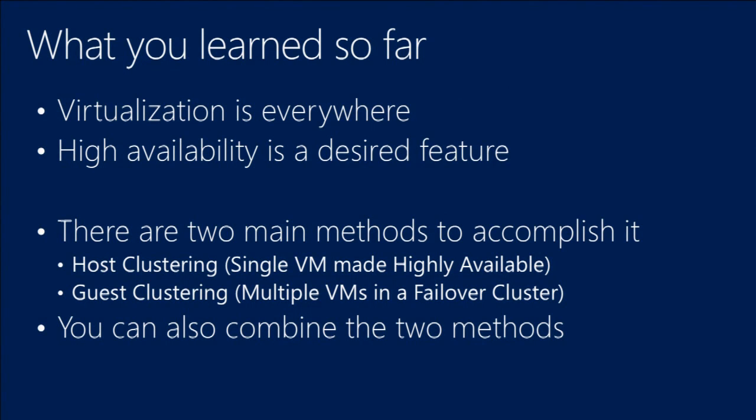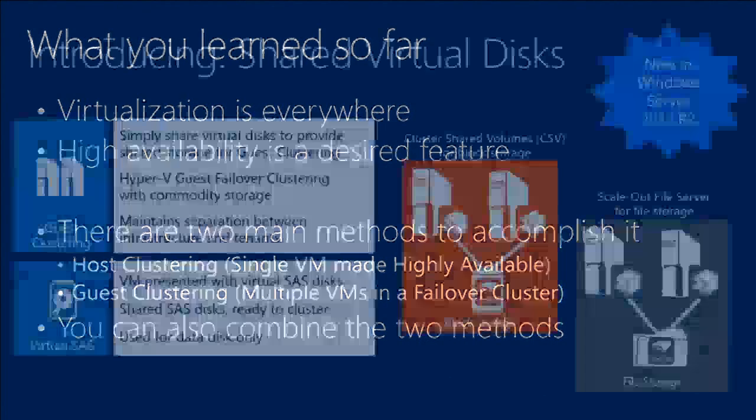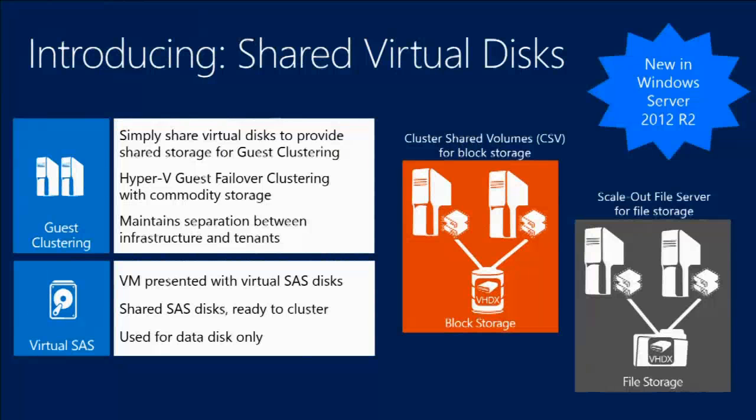And as Subhashish has shown you, we can provide higher availability for that private cloud through the use of host clustering, and we can also do it through the use of guest clustering. And we can even combine the two methods. So you can have both host and guest clustering. Yes, it does make sense to make them both be there at the same time.